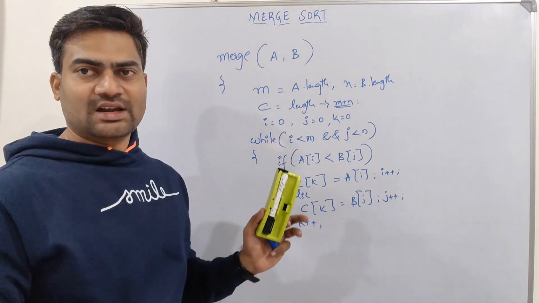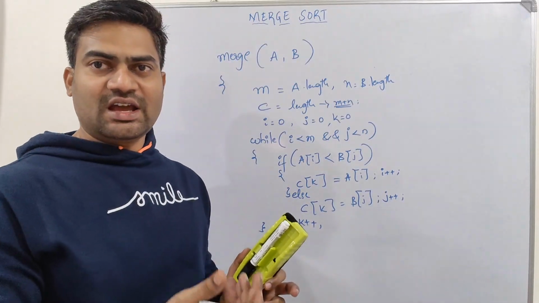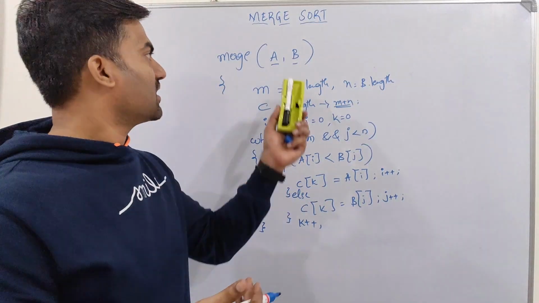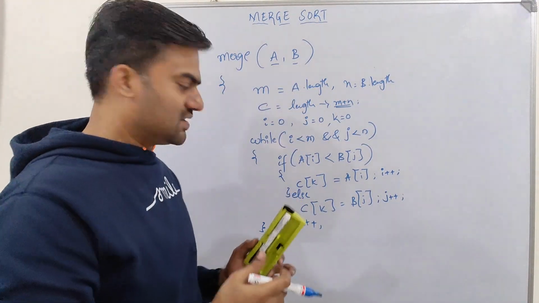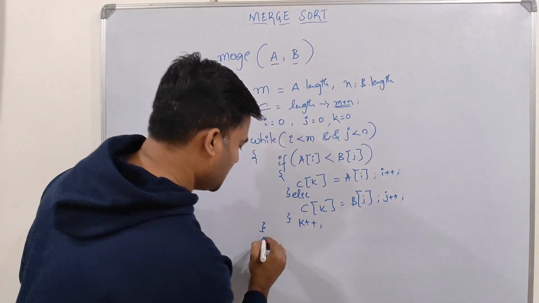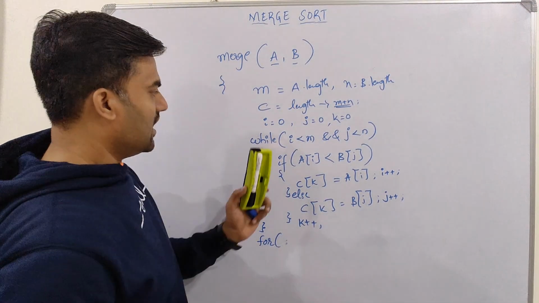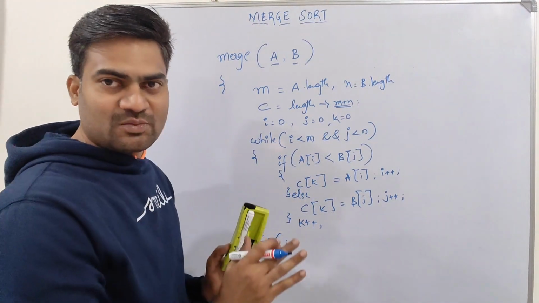Now if there are any remaining elements, then the remaining elements can be either in A or in B. So we don't know where exactly we get the extra elements. So for that, what we need to do, we can simply use a for loop, and i stops somewhere.